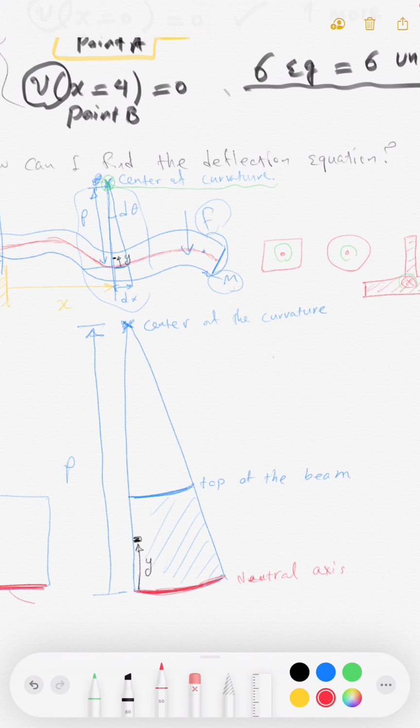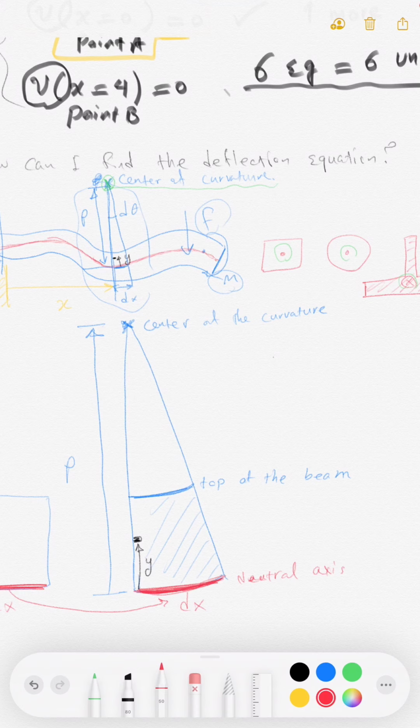And I know that from here to here, I have a minimum amount of deformation. Why? Because the stress in the neutral axis is 0. So in fact, if this is dx, this is also dx. It doesn't change the length because the stress is 0 there. There is nothing that can change the length.